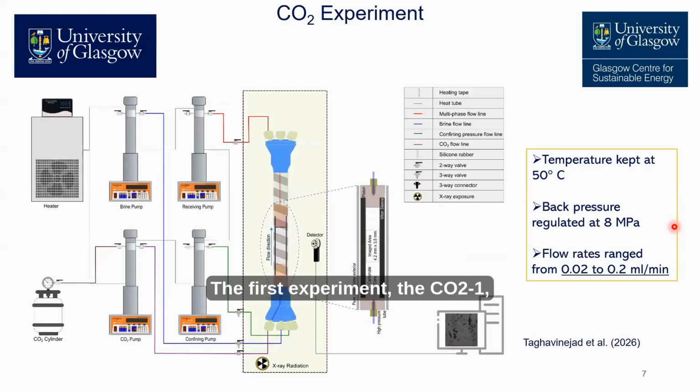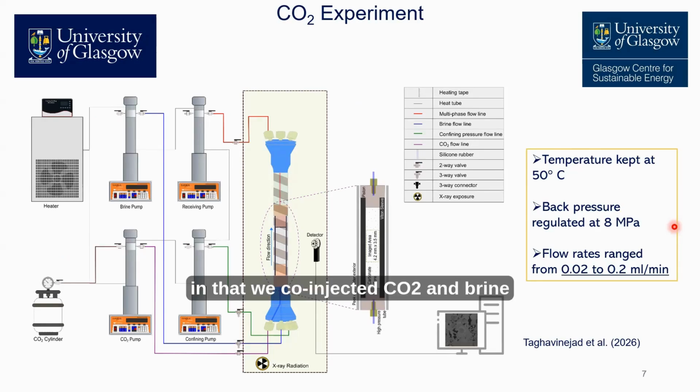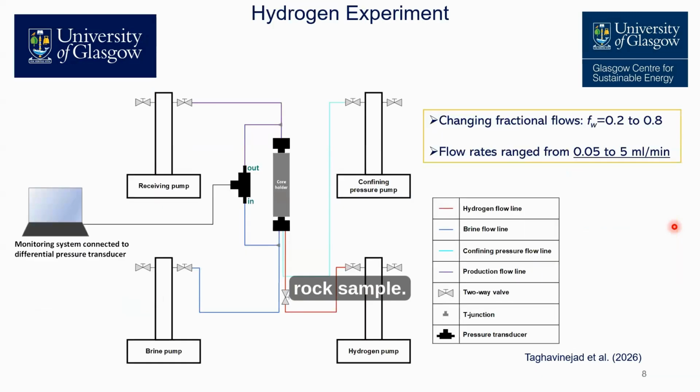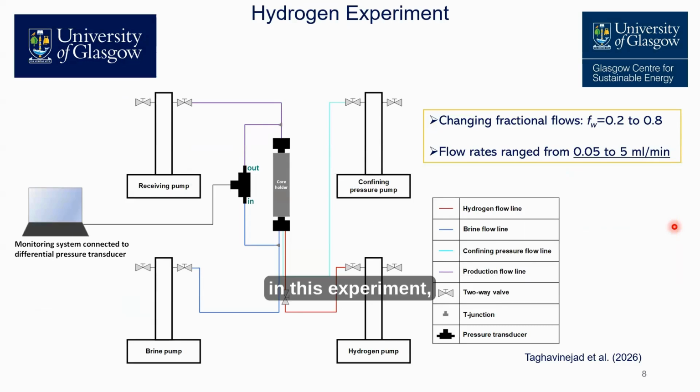In the first experiment, the CO2 one, we co-injected CO2 and brine in a limited range of flow rates at high pressure and high temperature in our carbonate rock sample. In the second experiment, hydrogen-brine flow, we used another sample, a sandstone rock sample, and we used an extended range of flow rates to get more data.